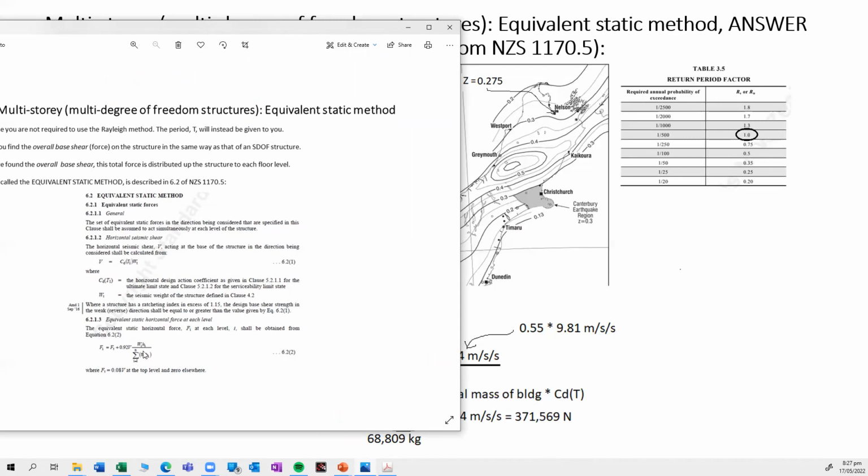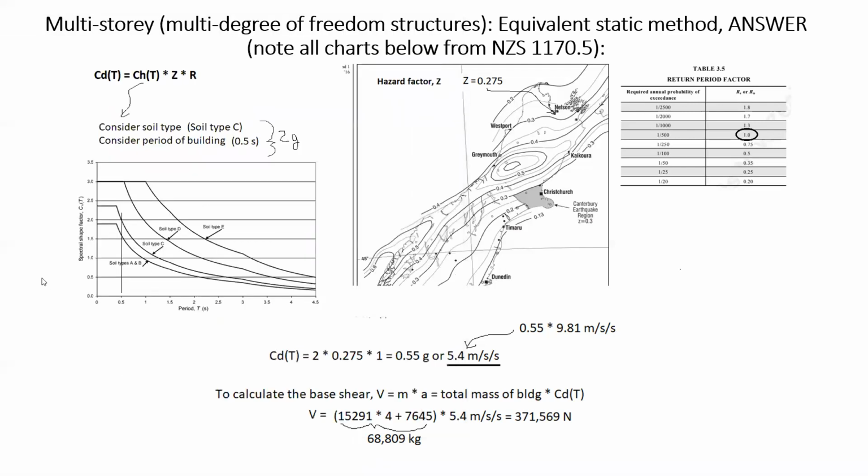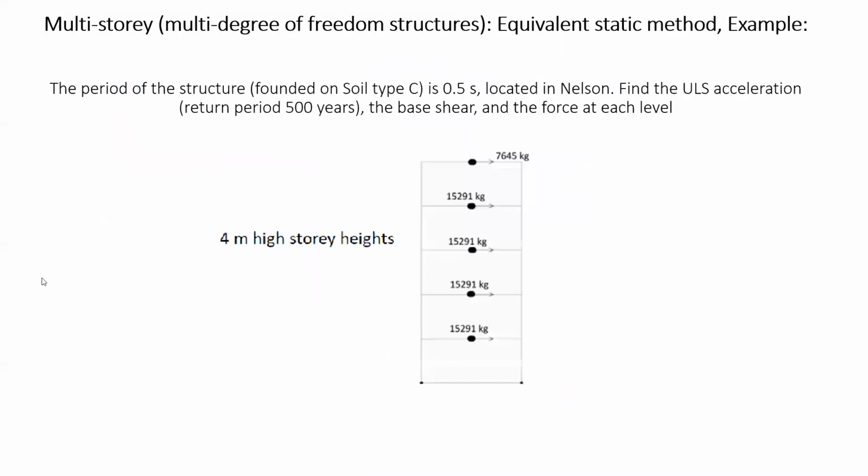Don't have to worry about W, just mass times height for each level. Looking at this figure, everything's 4 meter story heights. I want the mass times the height for floors 1, 2, 3, 4, and 5.